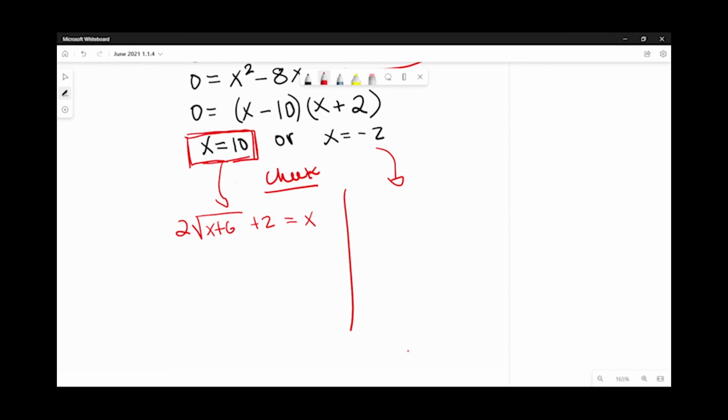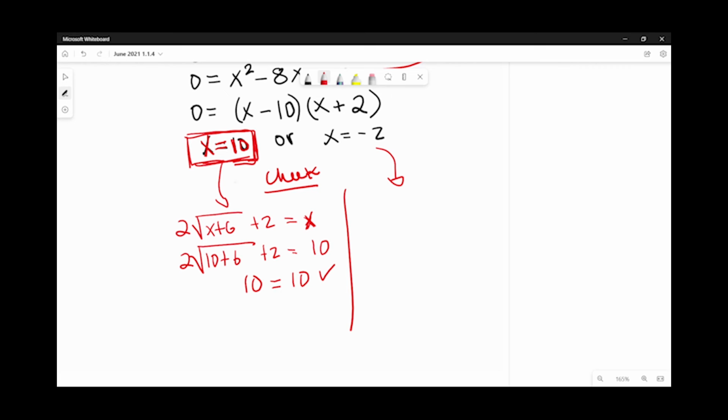Substitute it in and see if it works. 2 root 10 plus 6 plus 2, does that give us 10? Right, because we also substitute 10 there. And when you put all of that in your calculator, you see that it does. So this answer is correct.